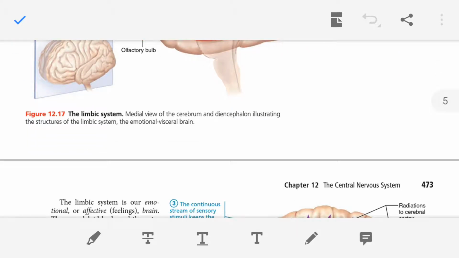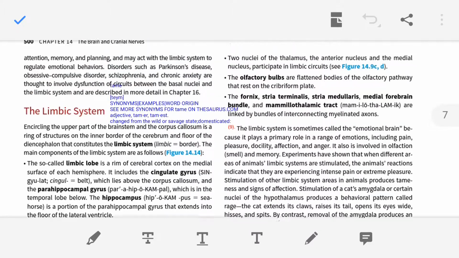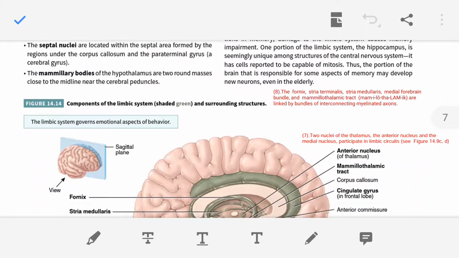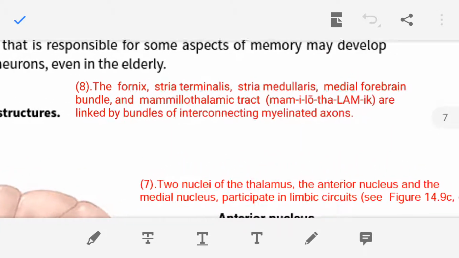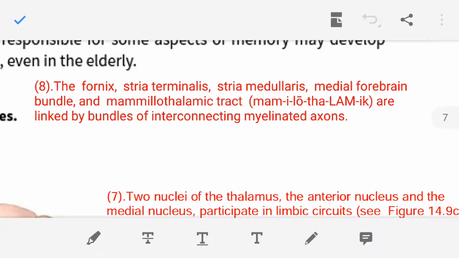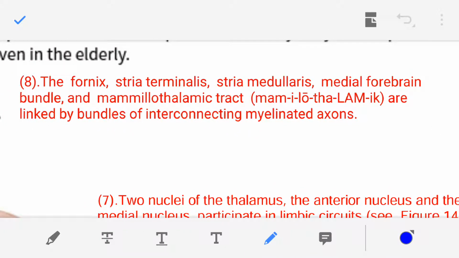Now the eighth point. Okay, see, there are a few structures of the limbic system and they are interconnected. So which are the structures? See, the fornix, stria terminalis, stria medullaris, medial forebrain bundle, mammillothalamic tract.